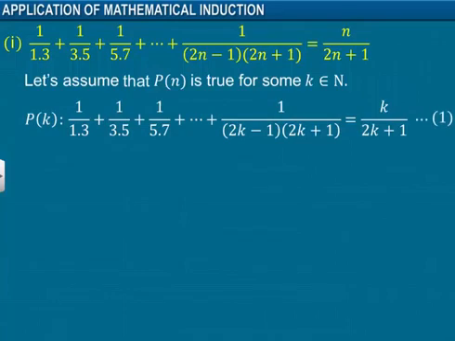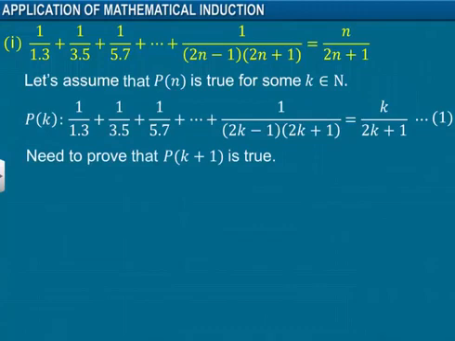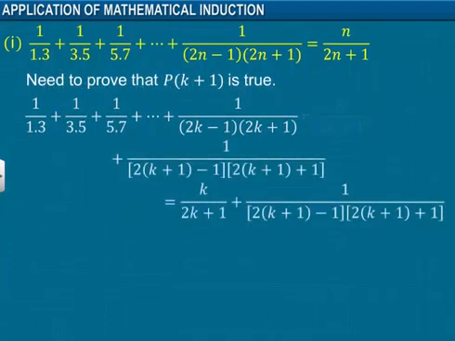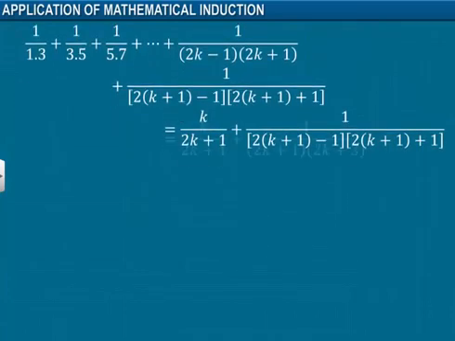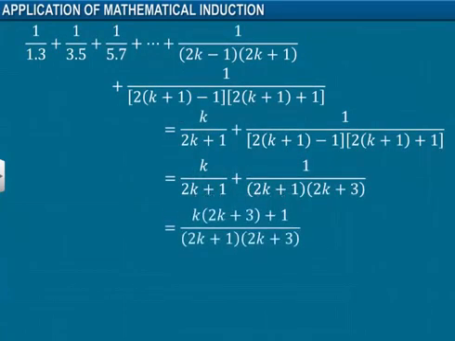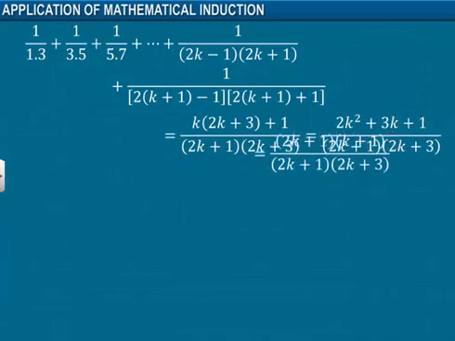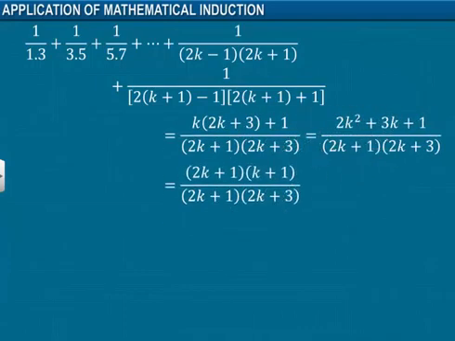Now, we have to prove P of k plus 1 is also true. Let's add the next term of the series to both sides of the statement. On factorizing the numerator, we get 2k plus 1 multiplied by k plus 1.